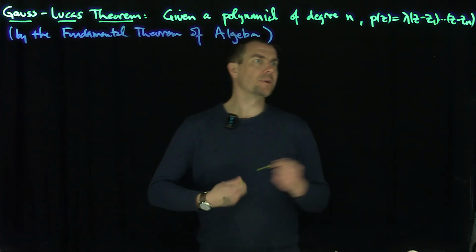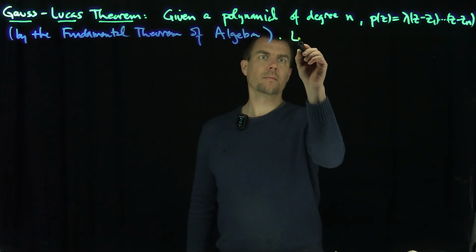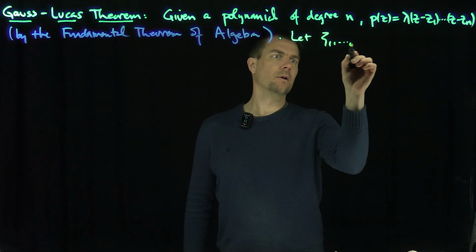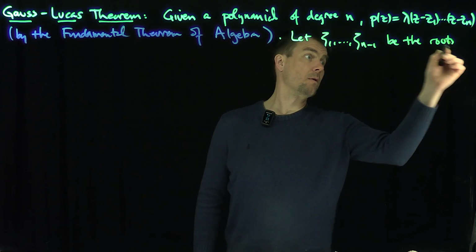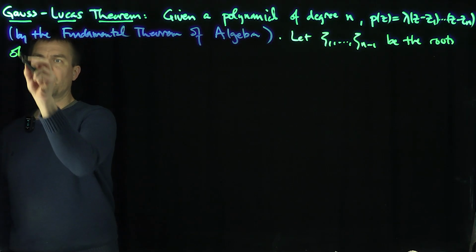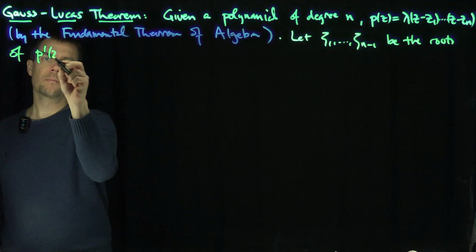And so now we're going to let zeta 1 through zeta n minus 1 be the roots of p prime of z.